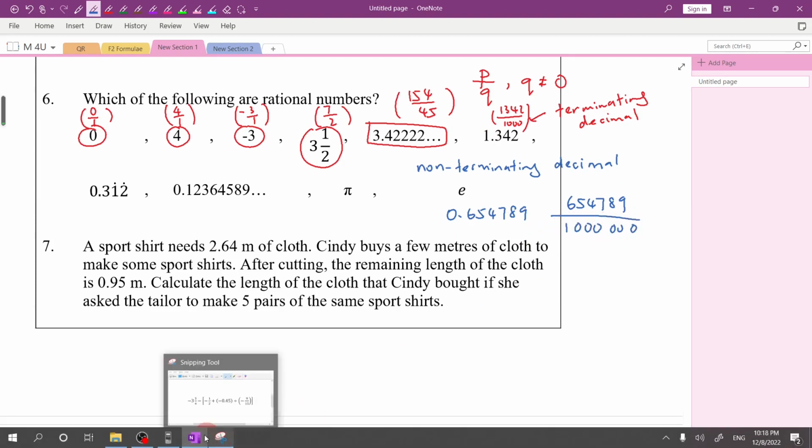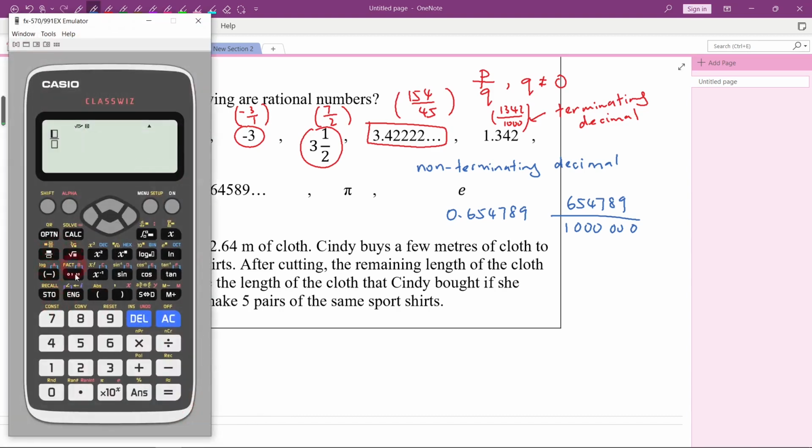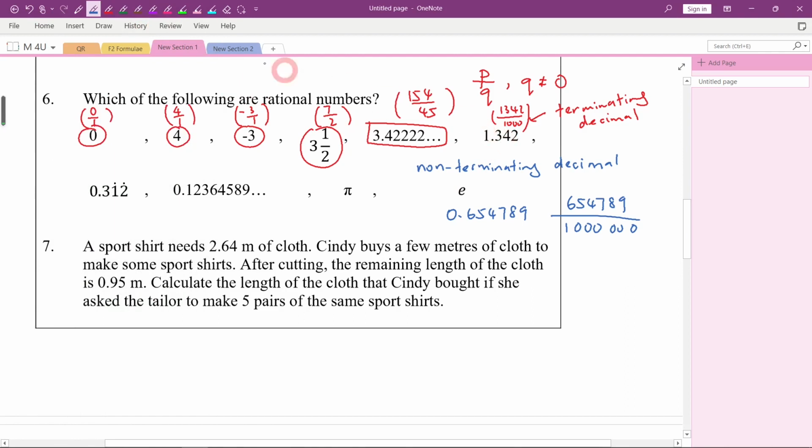You can check by using your calculator. 654,789 over 1,000,000. Press equal. Yes, correct. So this is a rational number because it can be written in a fraction form.